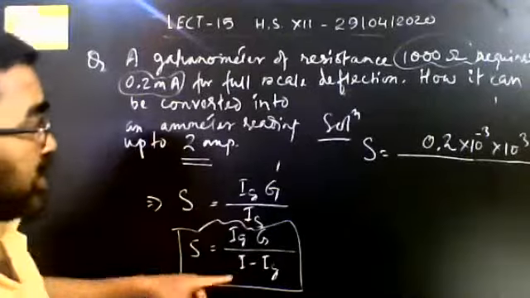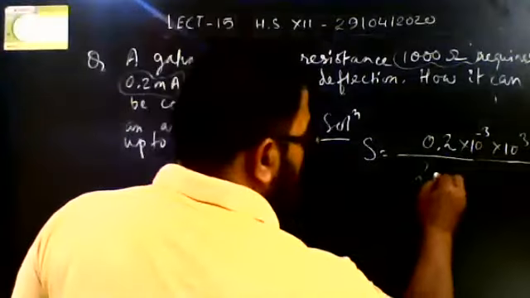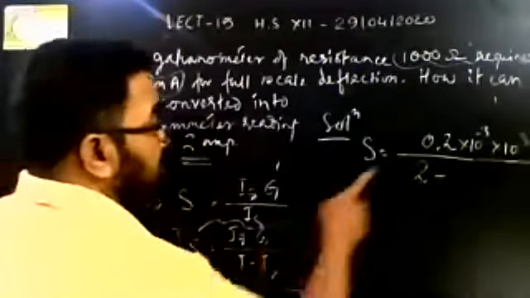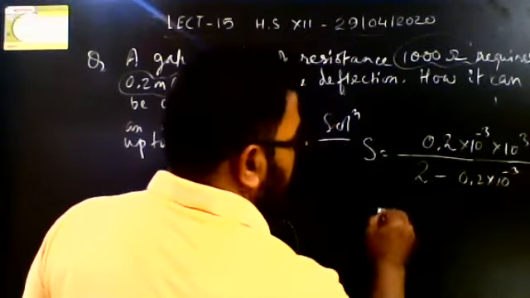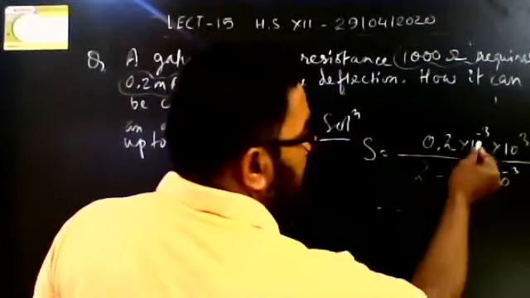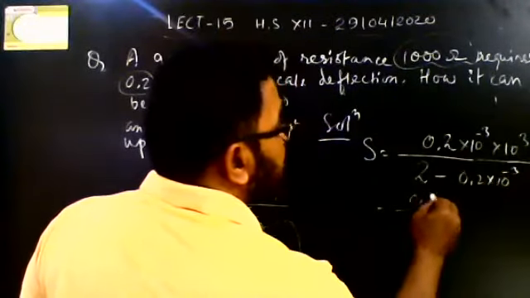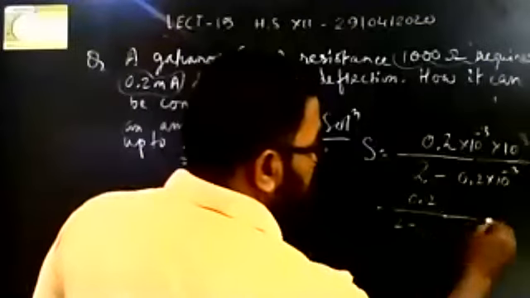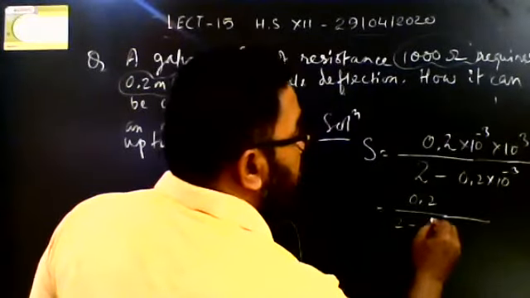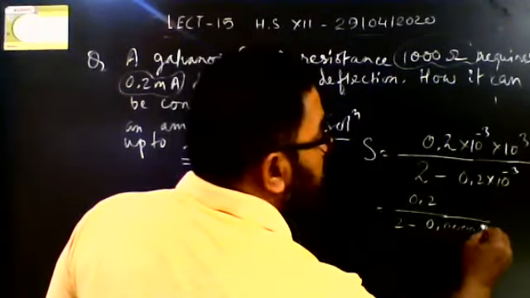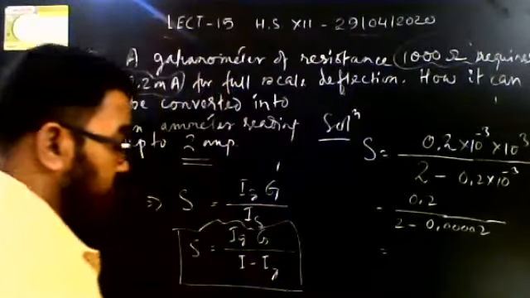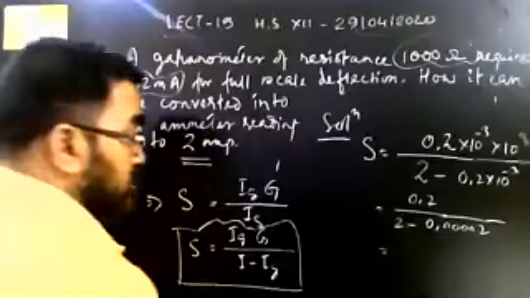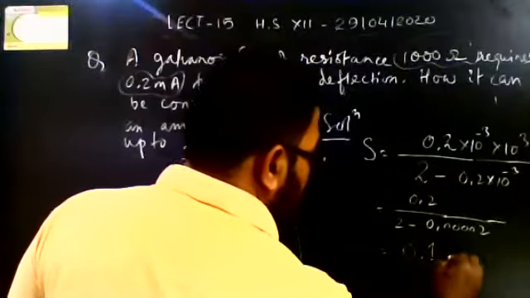So I is equal to 2 ampere, minus Ig, where Ig is 0.2 into 10 to the power minus 3. The 10 to the power minus 3 and plus 3 cancel out. So, 0.2 over 2 minus 0.0002. Finally, after doing this, you will get the answer as 0.1 ohm.